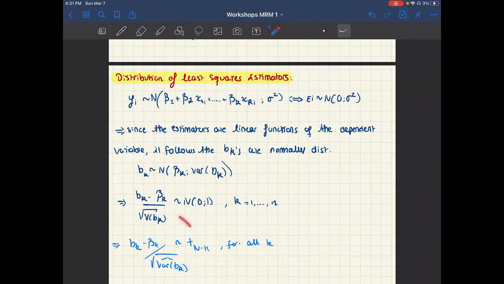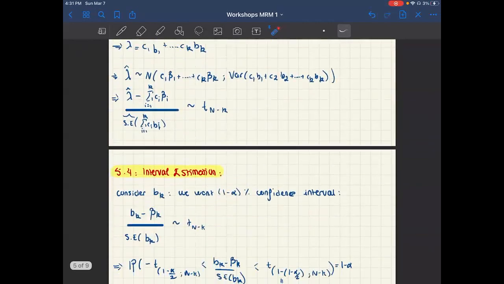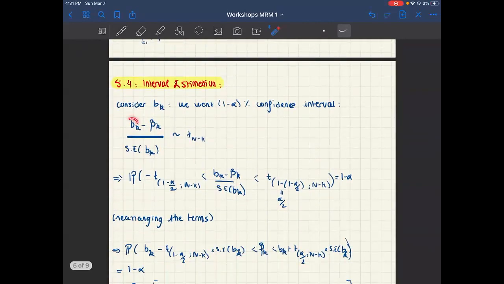We are able to standardize this to a distribution following a t n minus k distribution. So the idea here is the random variable BK minus beta k divided by the standard error of BK. Let me put a hat on that because it's an estimate for the standard error. That in turn will follow a t n minus k distribution.